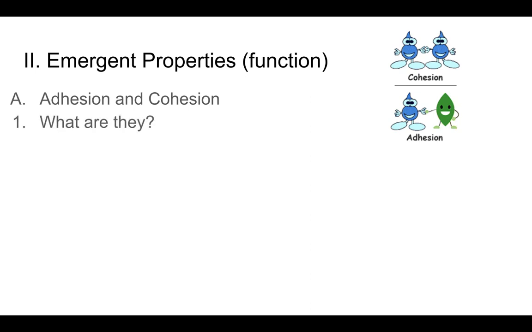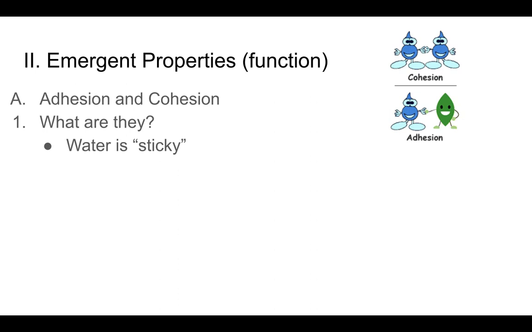So first, in our notes, we have to know, what are they? And this picture helps us to kind of see what they are. This picture right here is in our notes packet. So this is the idea that water is a, quote, sticky molecule, meaning it can stick to a lot of things.